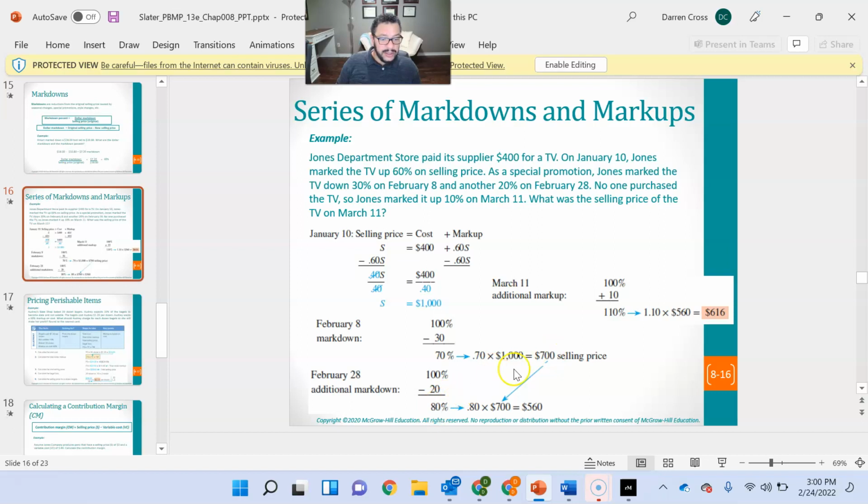Actually, it's 560, right? So 80% of the 700 is 560. Or if you say, okay, so we're marking it down 20%, what is 20% of 700? Well, it's 140. Now when you subtract 140 from that 700, you get 560.